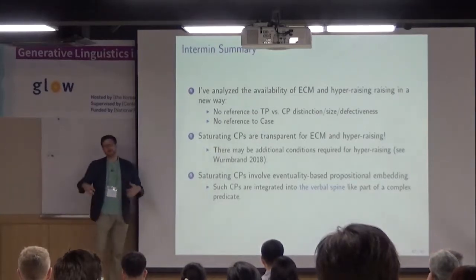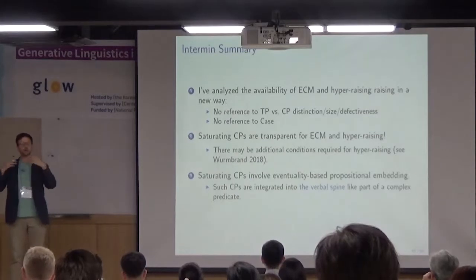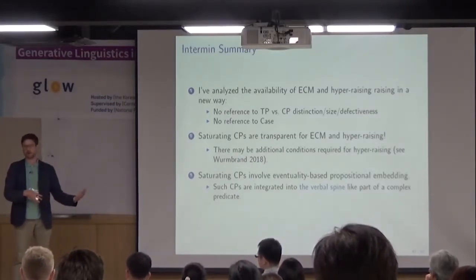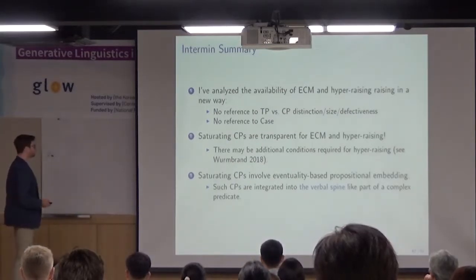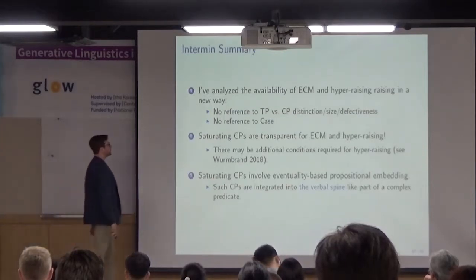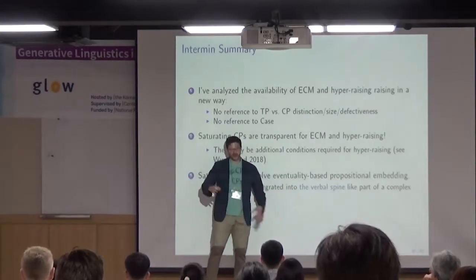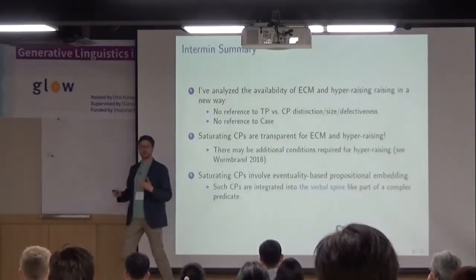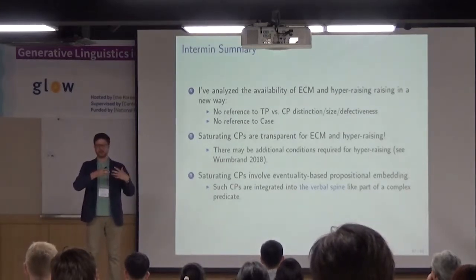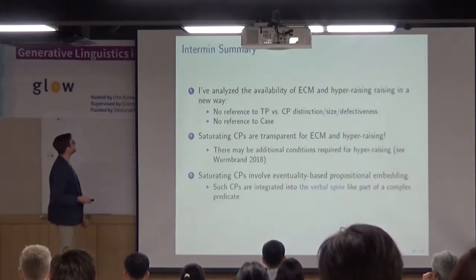And this came from what looks to be at least an initial correlation between whether a clause allows hyperraising and whether it can combine with a noun unaccompanied. Okay? And then I argued the way to analyze these is that saturating CPs involve eventuality-based propositional embedding, which made the embedder look more like a chunk of the matrix verbal spine, not a predicate modifier. Okay.